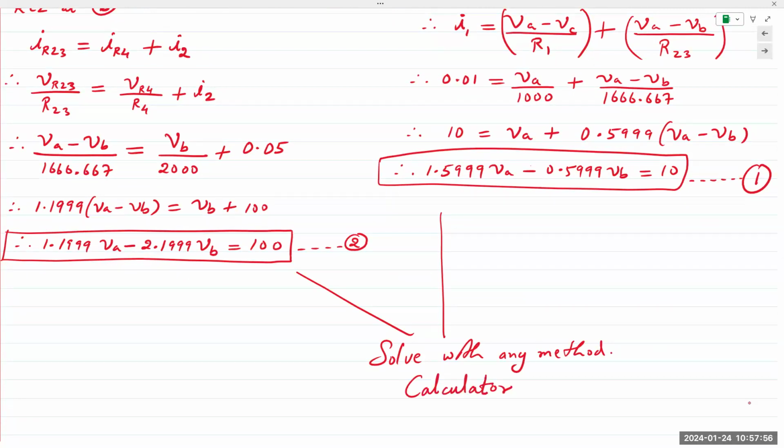If you have a programmable calculator, please plug these equations in and let me know what answers you receive. So let's see.